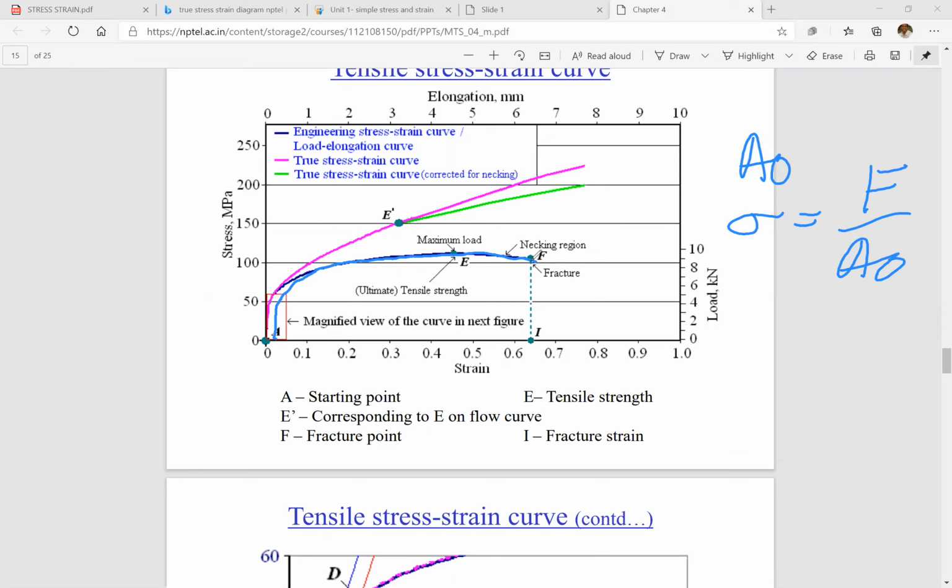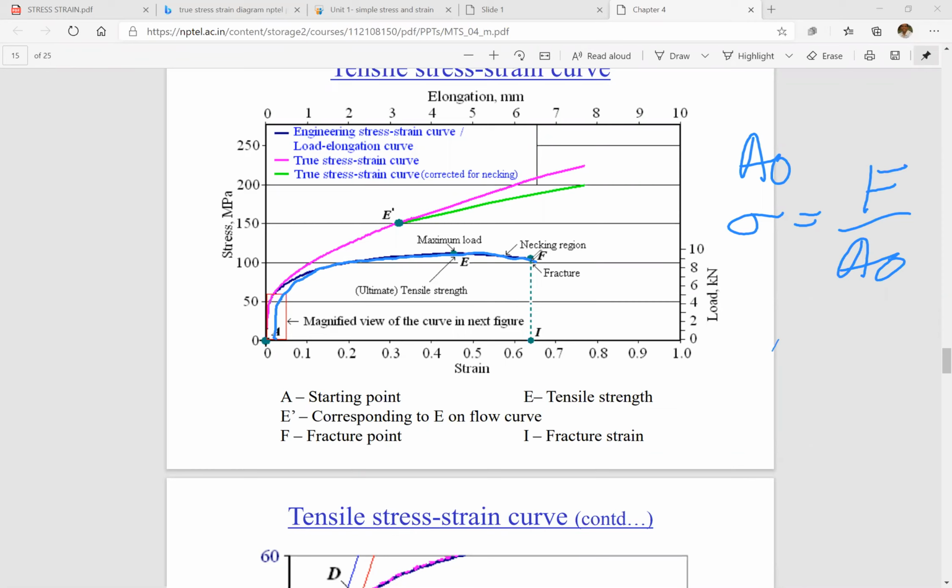But actually, during the plastic deformations, the area of the metal always changes. That is always true for any type of deformation.